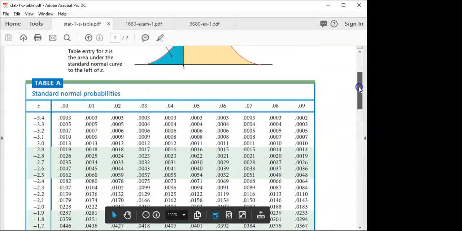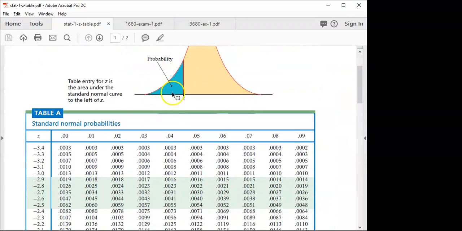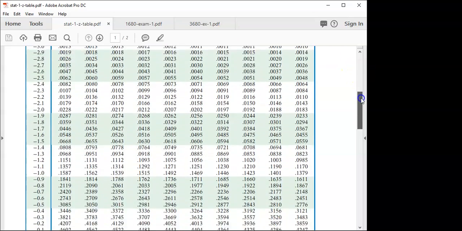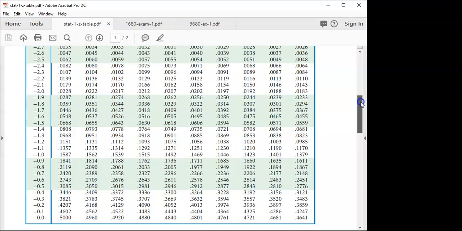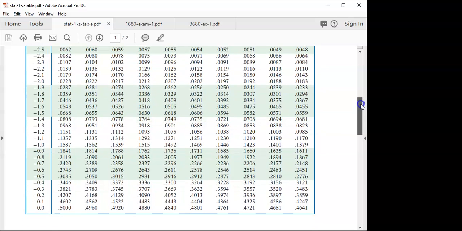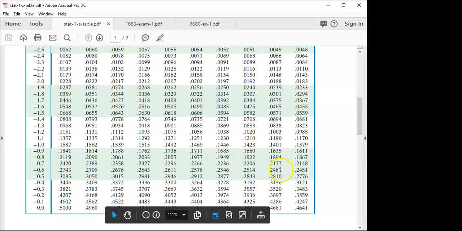Well, okay, this is the table, and the left-hand side probability, shaded probability, is 25%, so we have all these numbers, and let's find something that is closest to 25%, 0.25, and right here, 0.2514, 0.2483, they're pretty close, right?